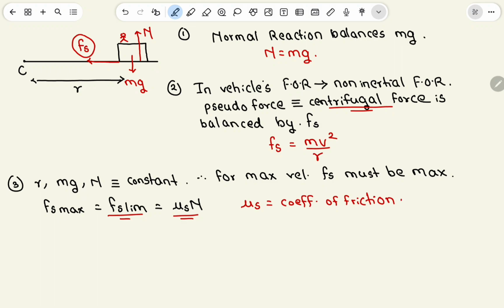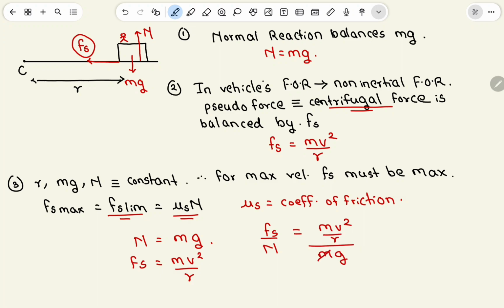Now, let us use the equations and try to get the answer. So we have N is equal to mg, and we have Fs is equal to mv square by r. Let's divide these two equations. We get Fs upon N is equal to mv square upon r upon mg.